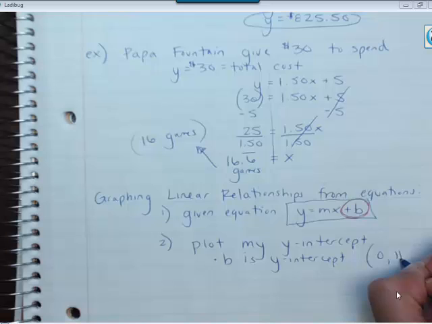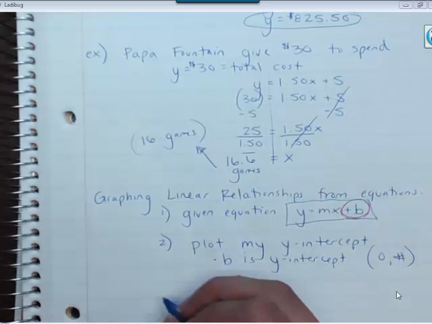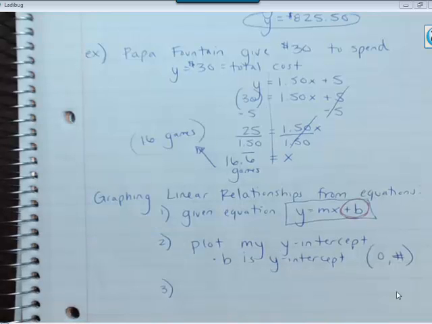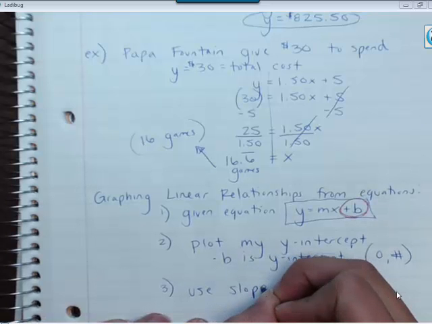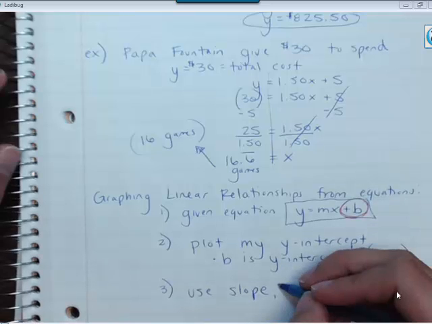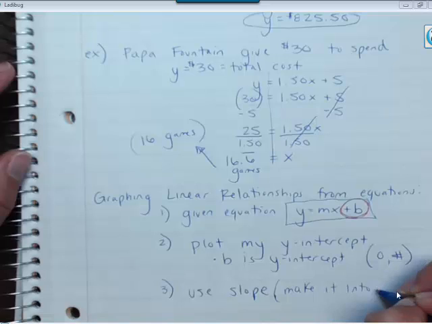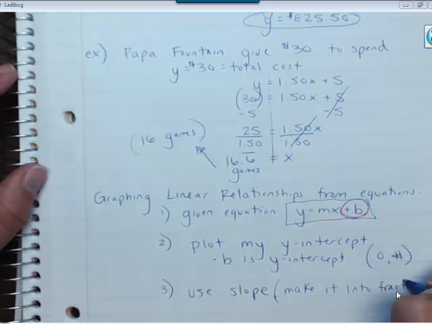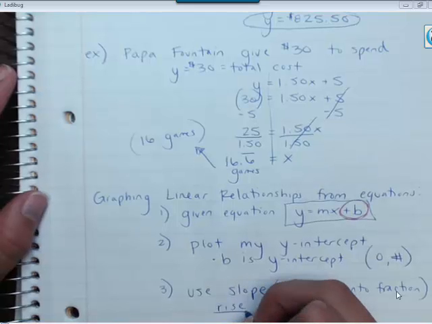After I plot my y-intercept, which crosses over my y-axis, now I'm going to use my slope. Remember, our slope is a fraction. And if it's not, we're going to make it into a fraction. Since it's a fraction, we're going to use it as rise over run from the point that we just plotted.